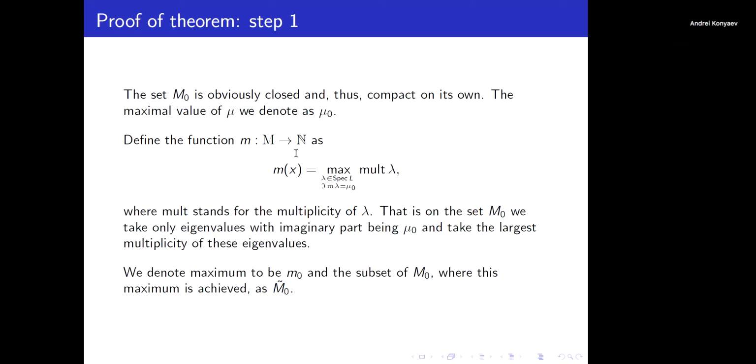First we take the set where the imaginary part achieves its maximum, and then we take the subset where the eigenvalues with this imaginary part achieve the maximal multiplicity. Okay, so this is the set, and it is closed.